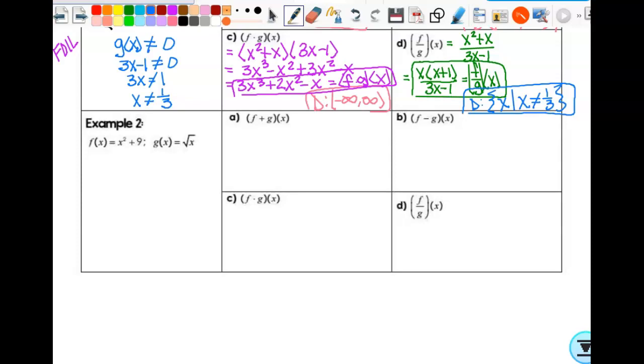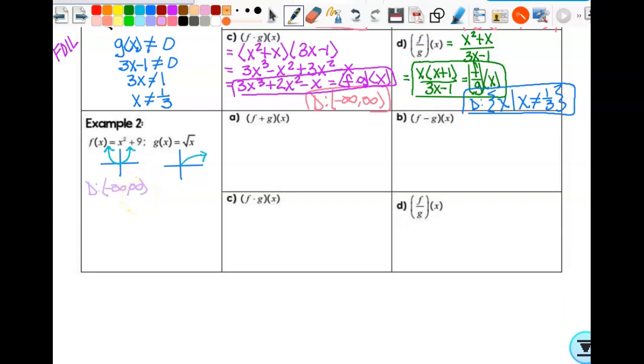All right. So let's look at example 2. I'm going to draw my little sketches here. Here's my quadratic. Here's my square root. When I look at domains, my domain here, no matter what I do to it, because we've already decided that, it's negative infinity to infinity.